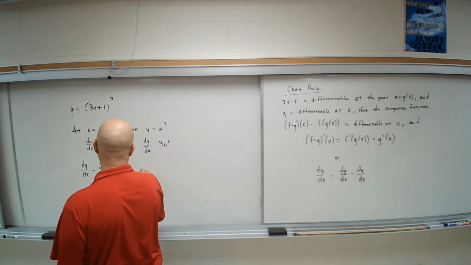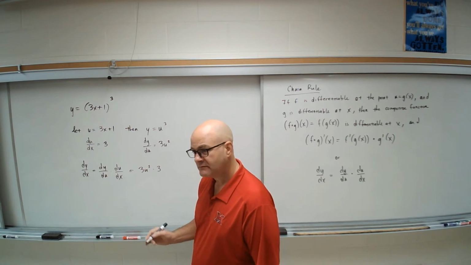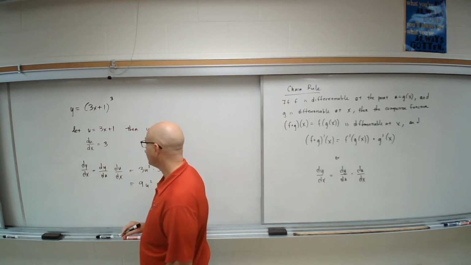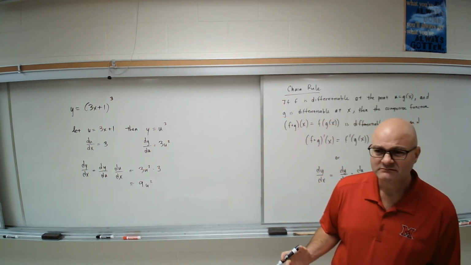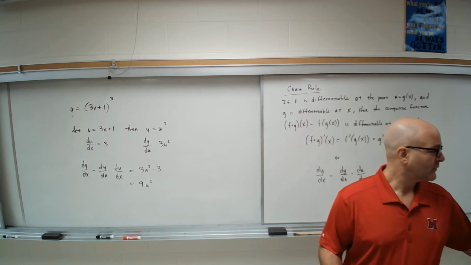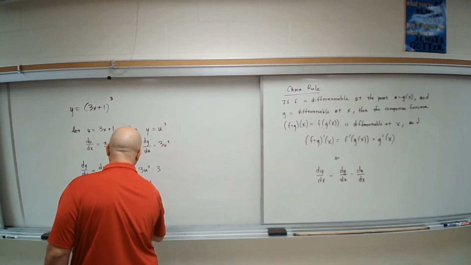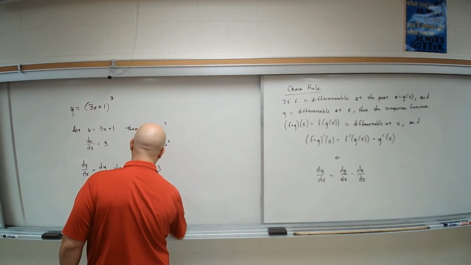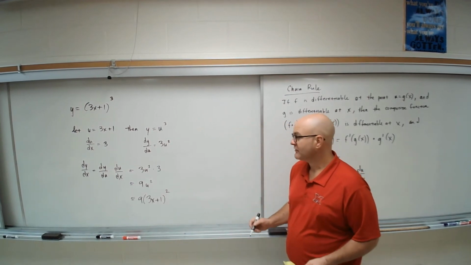We get 3u squared times 3, which is 9u squared. Do you think a u squared would be a good answer? No. So we're going to unsubstitute. Thank you. And that's going to give us 9 times 3x plus 1 squared. So that would be our answer.